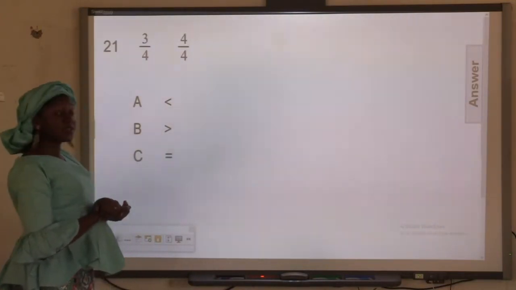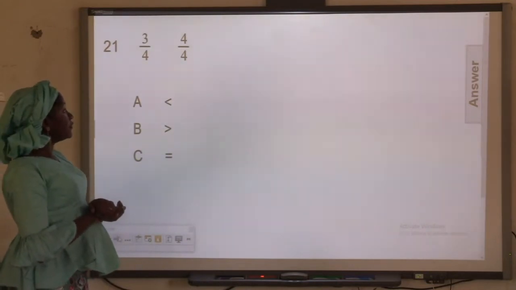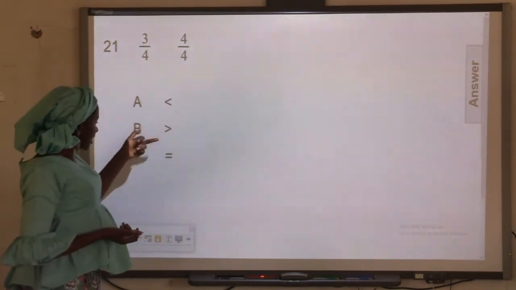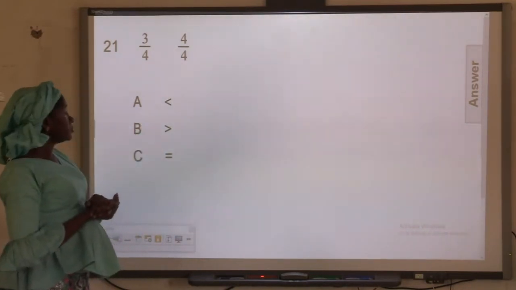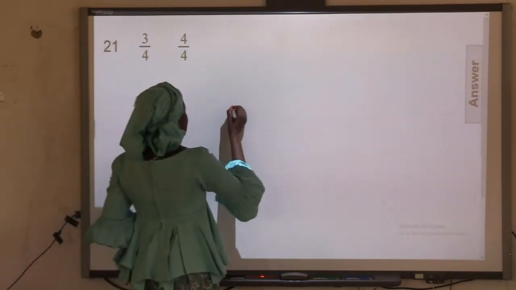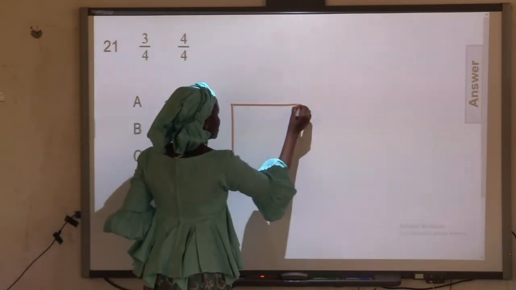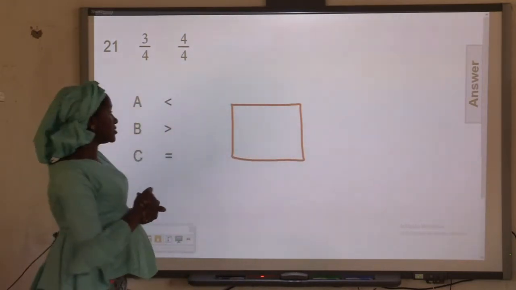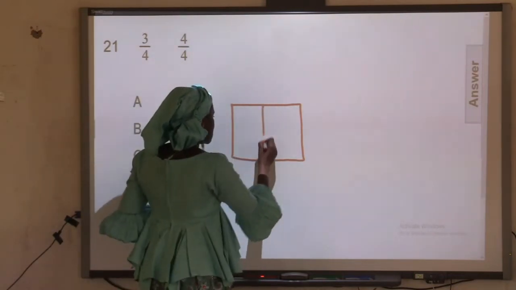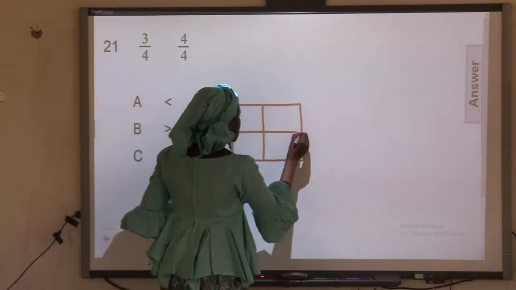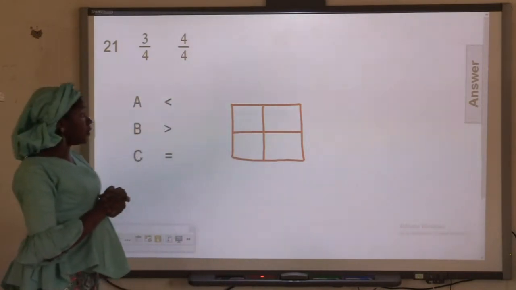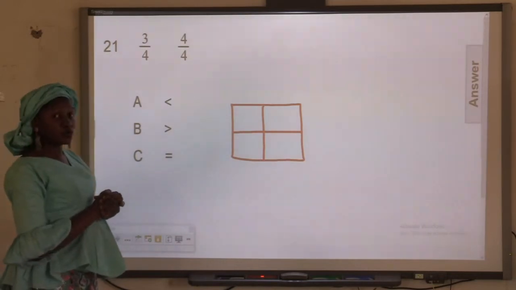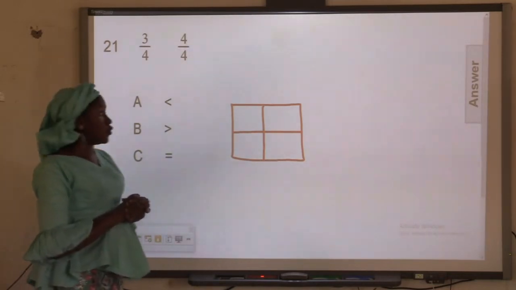3/4 and 4/4. Is it less, greater, or equal to? Here is a chart. I'm drawing a chart, and I will divide it into 4 equal parts. If I say 3 portions of the chart, it is representing 3/4.